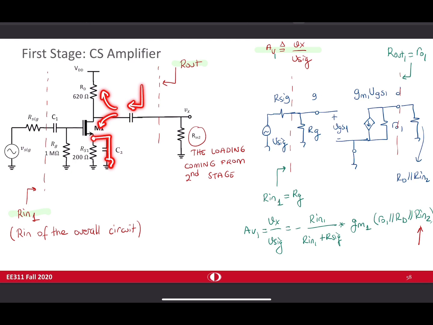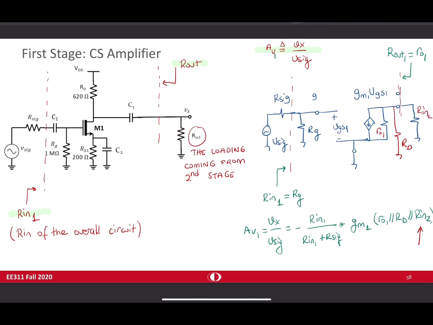Ro1 directly. By the way, I made a mistake in here, so let's correct it. So here is Rd, Ro1. This is, let's say, Rin2.